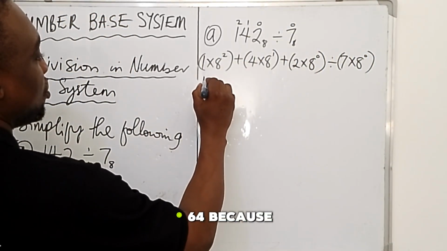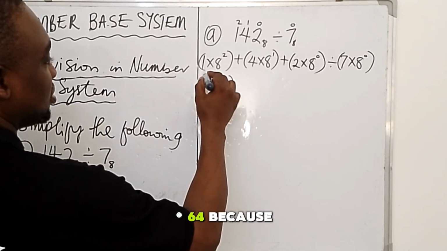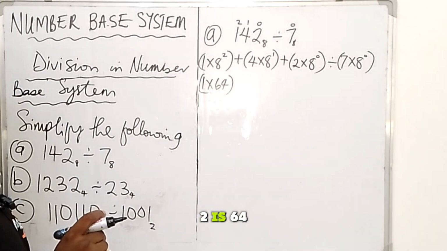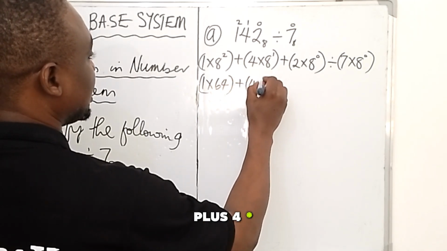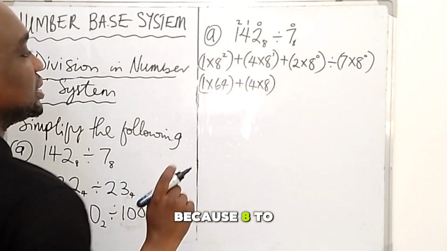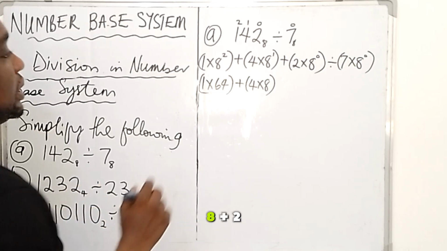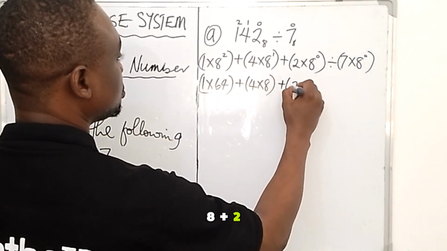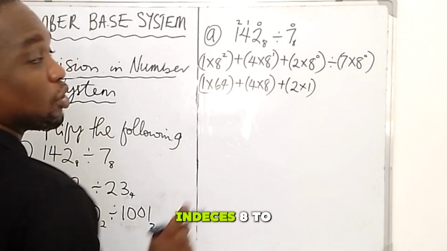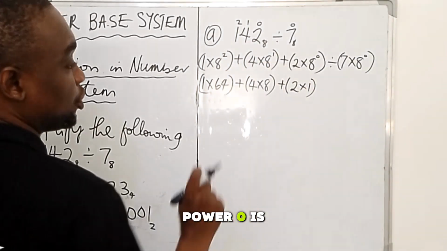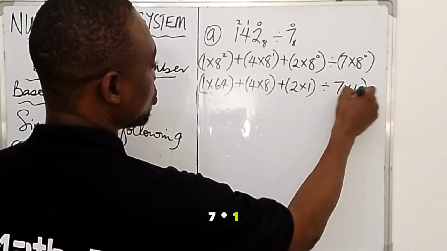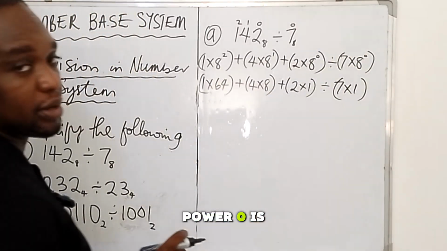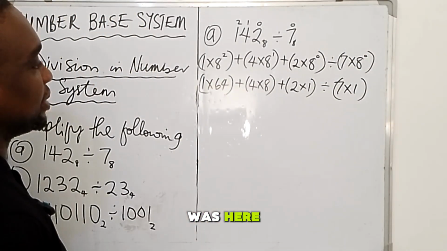We have 1 times 64 because 8 to power 2 is 64, plus 4 times 8 because 8 to power 1 is 8, plus 2 times 1. By laws of indices, 8 to power 0 is 1. Then divided by 7 times 1, because 8 to power 0 is also 1, just like it was here.